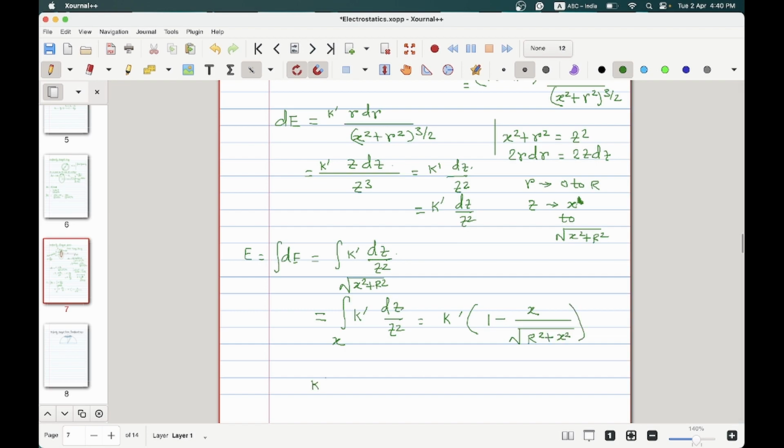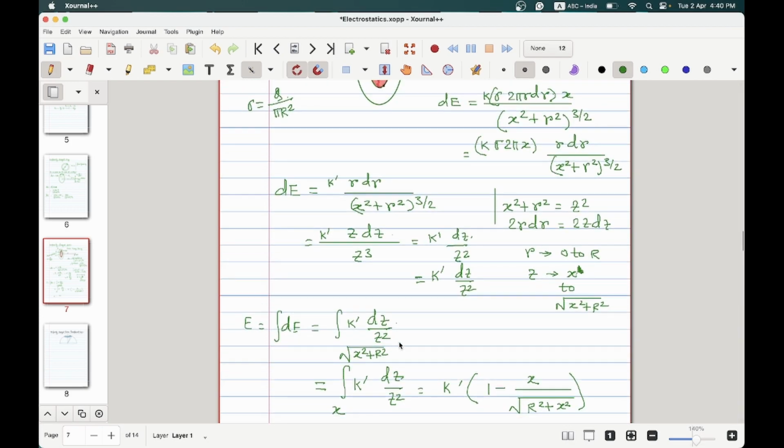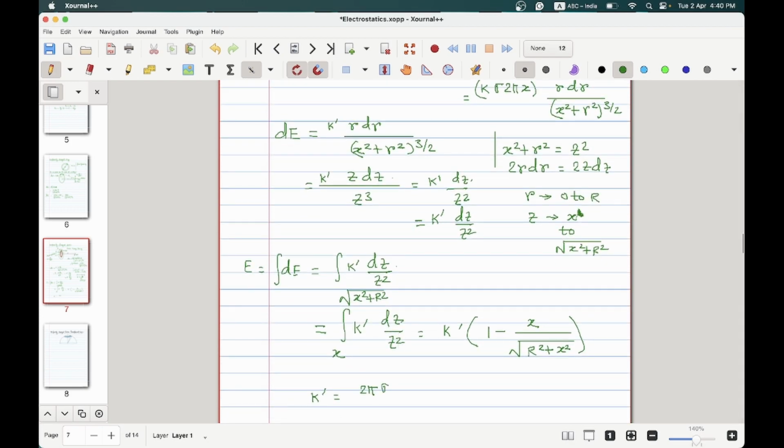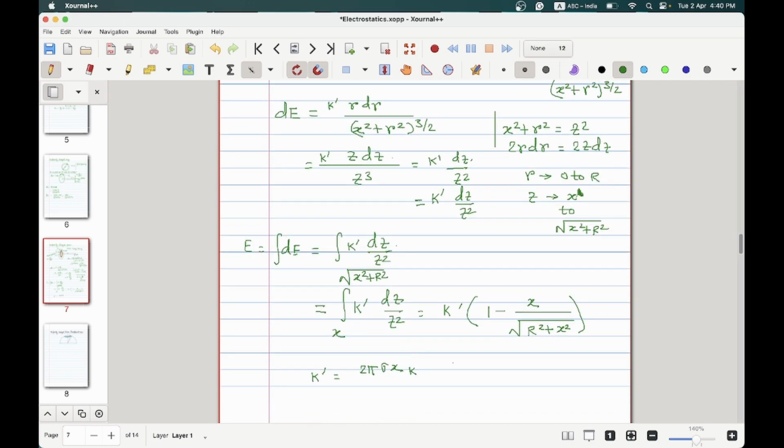Now k dash is what? 2 pi sigma x k. This thing can be written as 2 pi, k is 1 by 4 pi epsilon naught, x sigma.